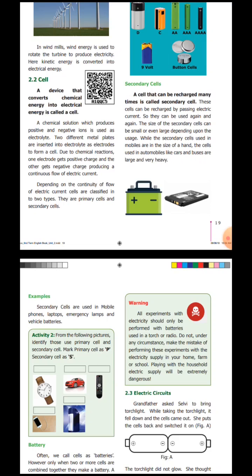Secondary cell size will be small or even large. In a mobile, the size of the cell is very small, and in automobiles, cars and buses, the batteries are big, very big and heavy. So the examples of secondary cells are mobiles, laptops, emergency lights and vehicle batteries.